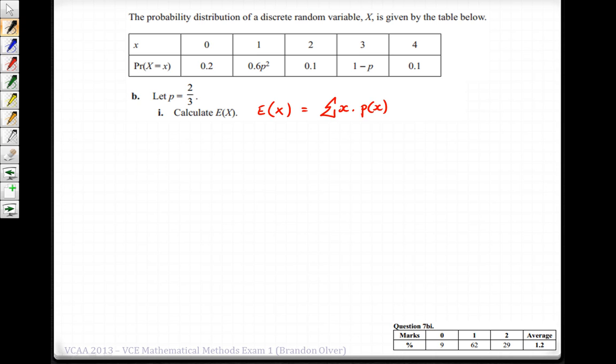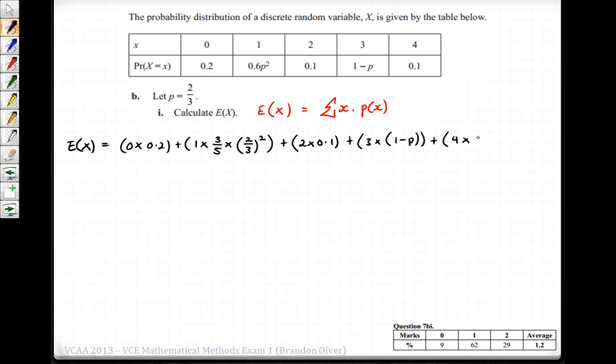So from that we can say that for this discrete random variable we have E of x equals 0 times 0.2 plus 1 times 0.6, which I'll write as 6 on 10 or 3 on 5, times 2/3 squared, plus 2 times 0.1, plus 3 times 1 minus p, plus 4 times 0.1.